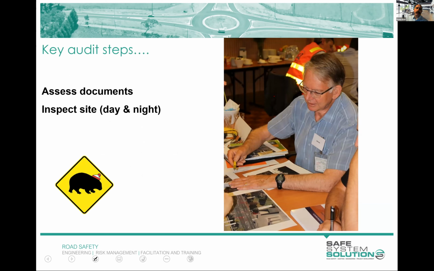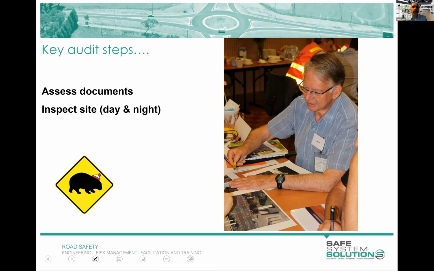Assess the documents and inspect the site, both daytime and nighttime. Okay, so you may get an absolute mountain of documents. If you're doing a detailed design audit of a reasonably sized project, it can be 100 pages, 183 pages, 583 pages. You can get a lot of information, plus supplementary information about different planning studies and these sorts of things.